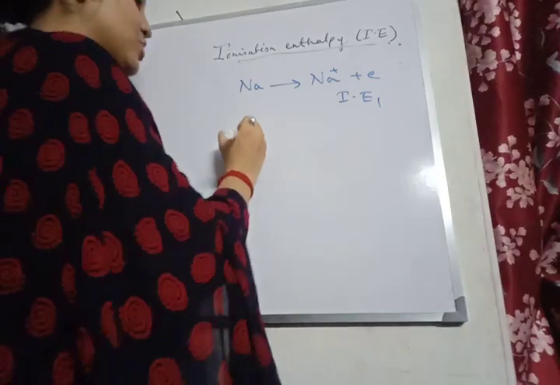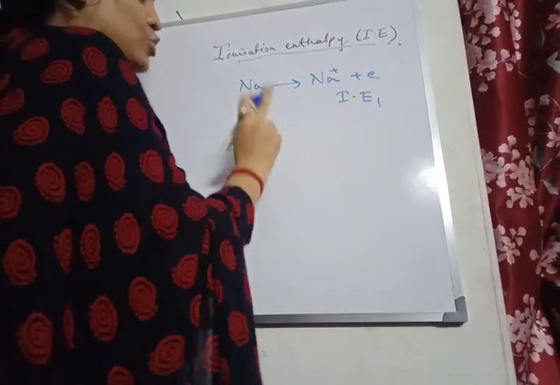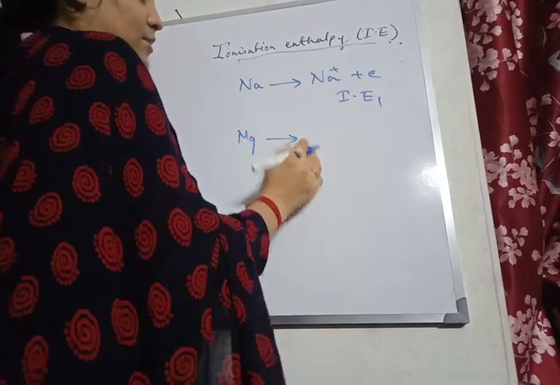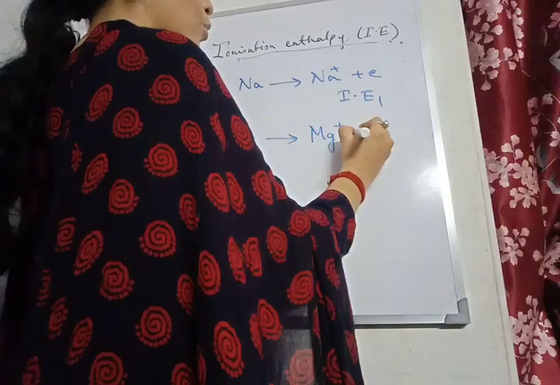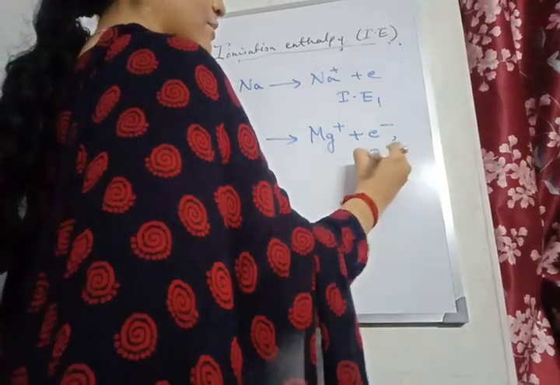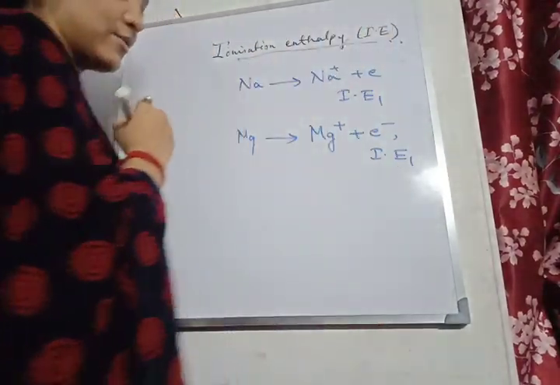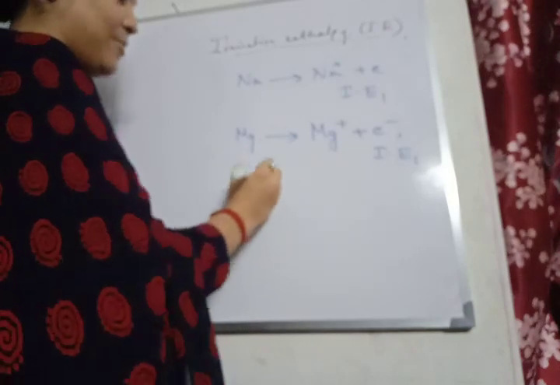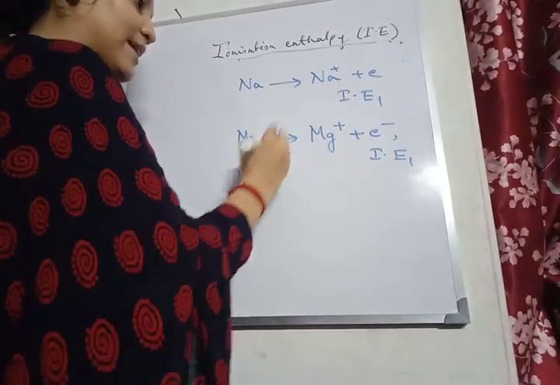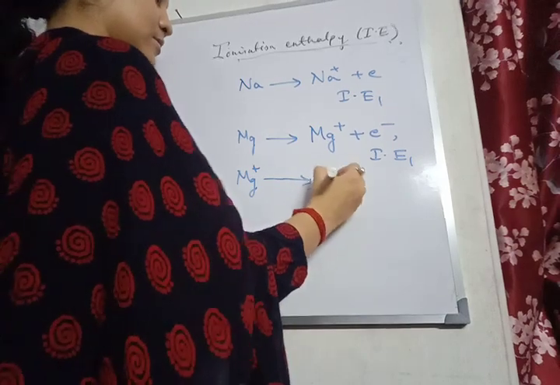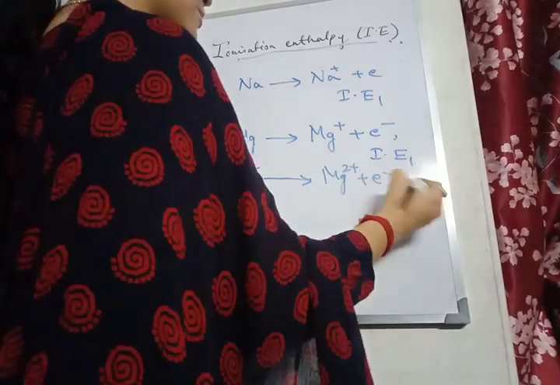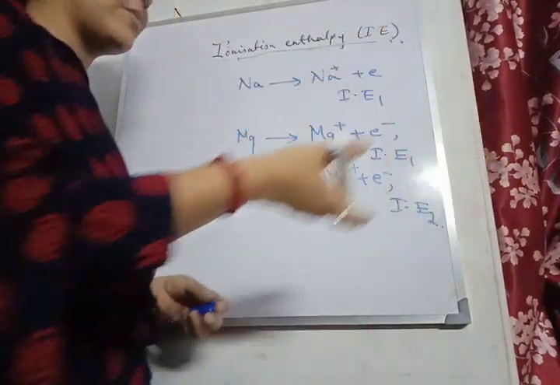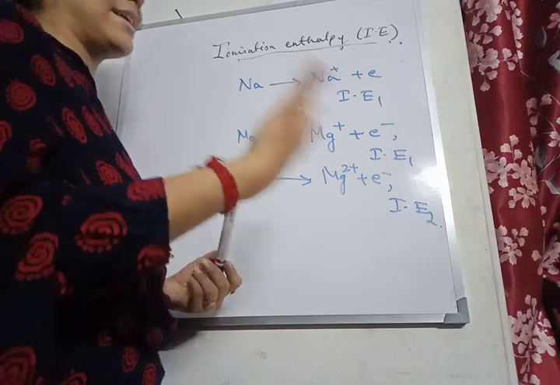If I talk about magnesium, it has two valence electrons. In the first step, one electron will be removed. This one will be your IE1, the first ionization potential. In the second step, we have to remove an electron from Mg+ to give Mg2+, and this one is your IE2. So when I am having more than one IE value, that is my successive ionization potential.